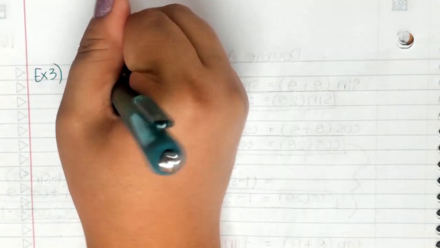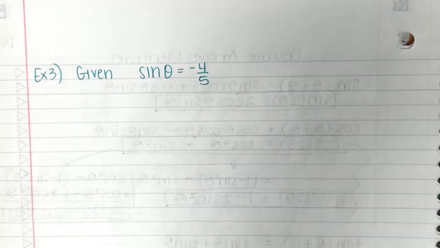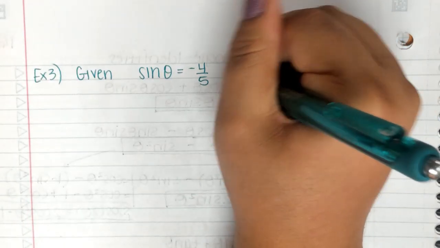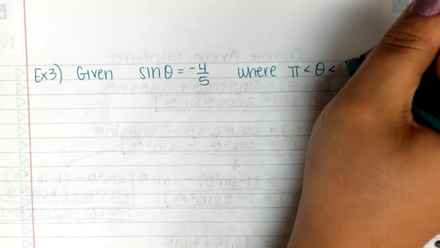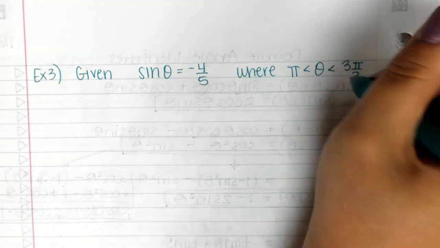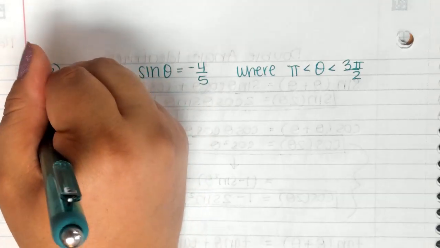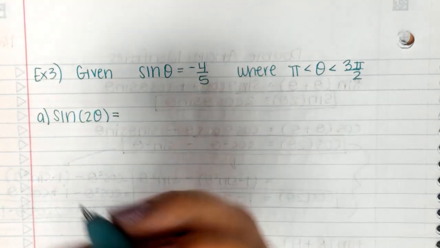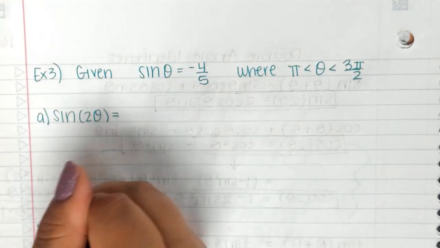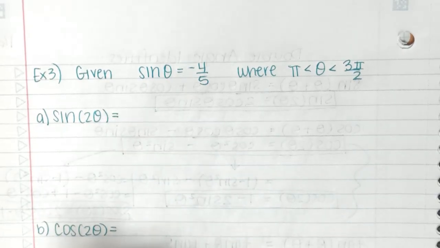Given if my sine of theta is -4/5, where pi is less than theta is less than 3 pi over 2, can you find the sine of 2 theta, the cosine of 2 theta and the tangent of 2 theta?